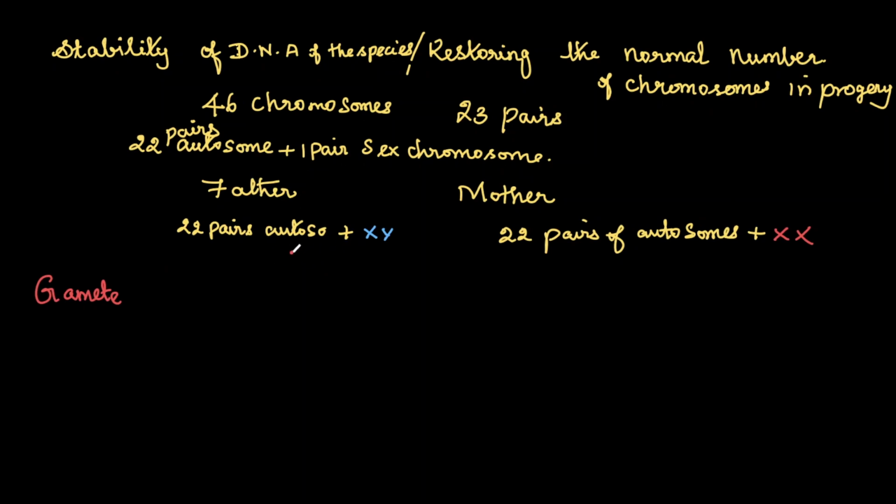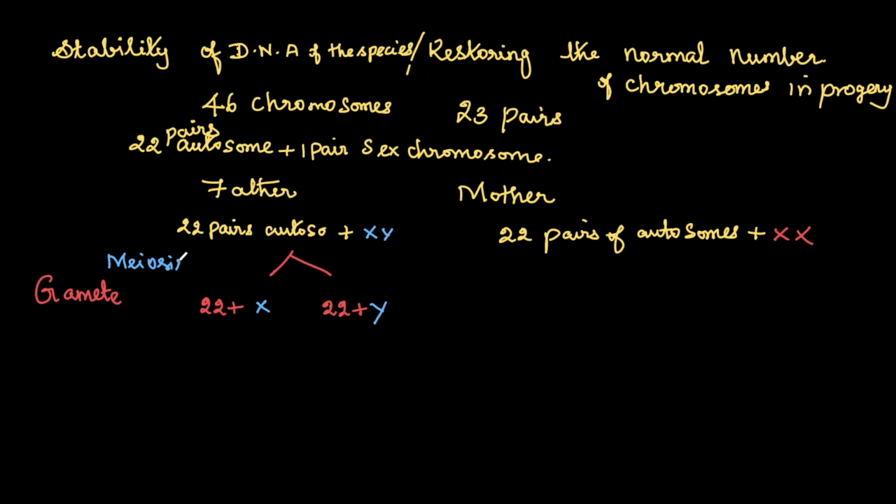So the father is producing two kinds of gametes: 22 plus X and 22 plus Y. When the gamete is formed, there is a reduction division, or meiosis.